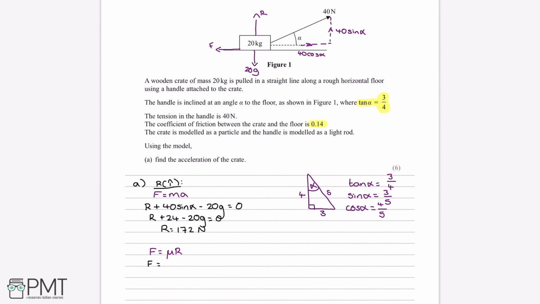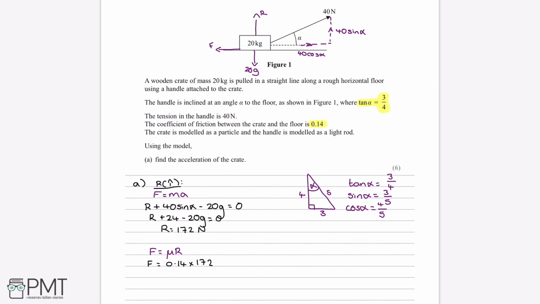So we know that the coefficient of friction is 0.14, which we represent with a mu in the formula. And then this is multiplied by R, the force we just found to be 172.